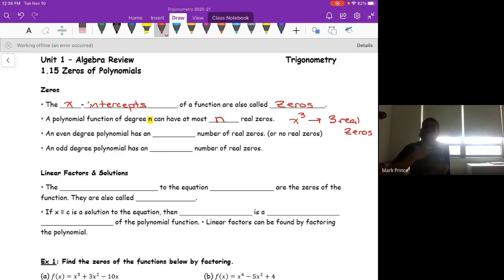And then an even degree polynomial has an even number of real zeros or no real zeros. And then an odd degree polynomial will have an odd number of real zeros.